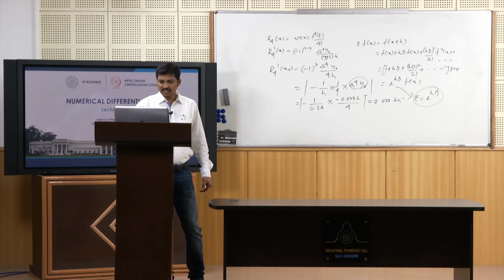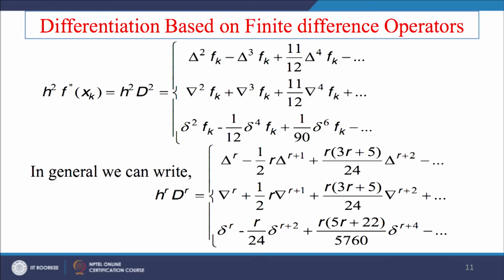If you consider these operators once more here, this can be expressed as del square of fk minus del cube of fk plus 11 by 12 del to the power 4 of fk for forward difference operators. Similarly, we can express this in a backward difference operator, that is in the form of nabla square fk plus nabla cube fk plus 11 by 12 nabla to the power 4 of fk plus all other terms.